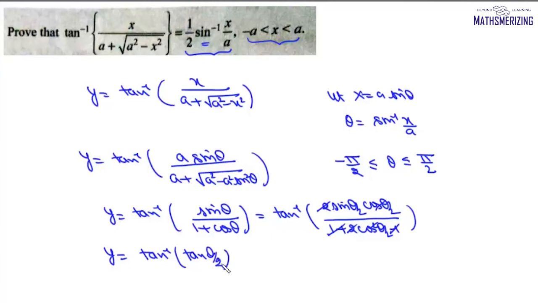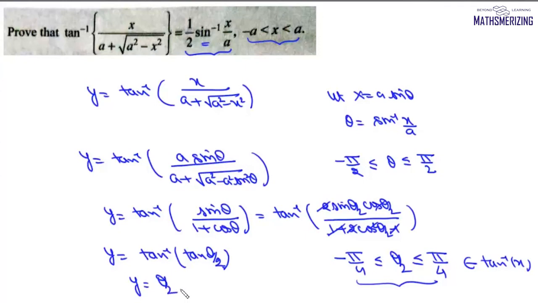tan theta by 2. Now if we look at this theta by 2, it will lie in the range minus pi by 4 to plus pi by 4, which again lies in the principal value range of tan inverse of x. And in principal value range, we can simply cancel tan inverse with tan. So we'll get this y as simply theta by 2.